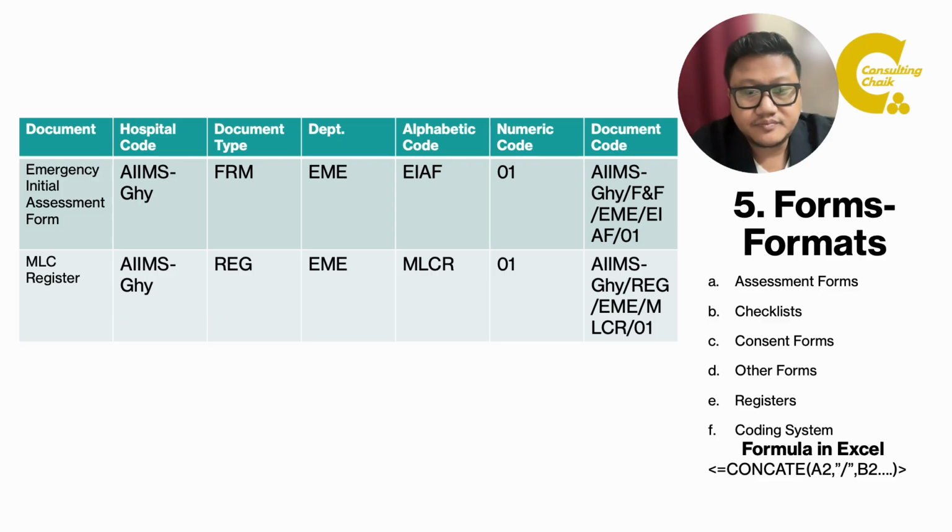Assessment forms can be like initial assessment, your initial assessment for doctors, for emergency, for nurses, all those documents that you have, your doctor's note, nurse's note, your medication chart.